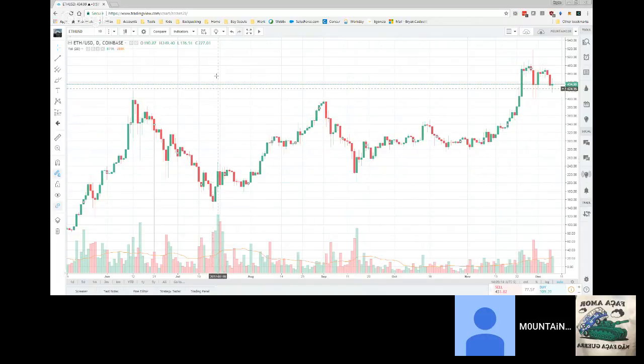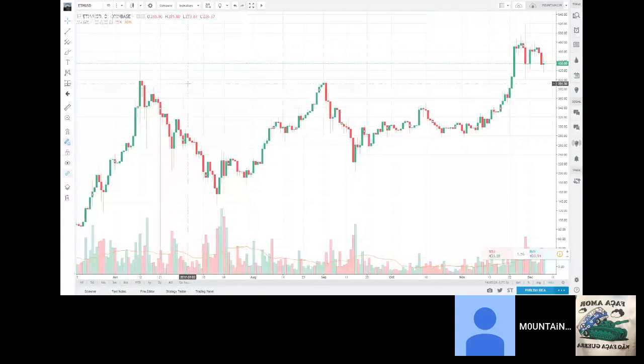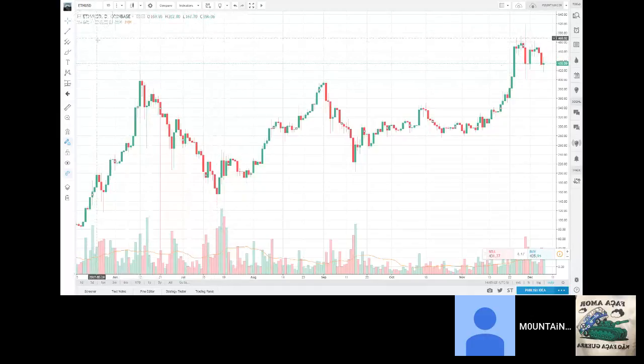So just a real basic getting around your TradingView chart. First thing I'm going to do is go full screen here just to get rid of anything else on the screen. Up at the top, you've got the actual security or commodity that you're looking at.